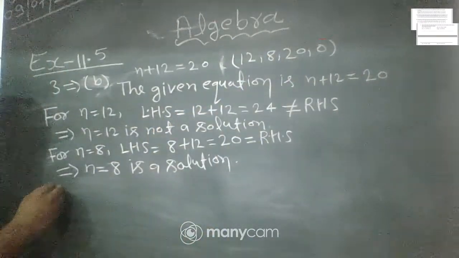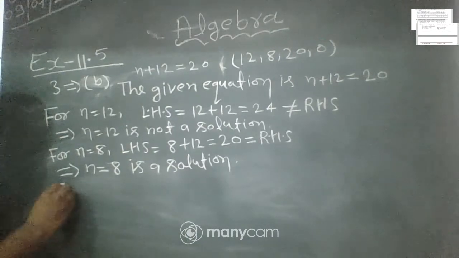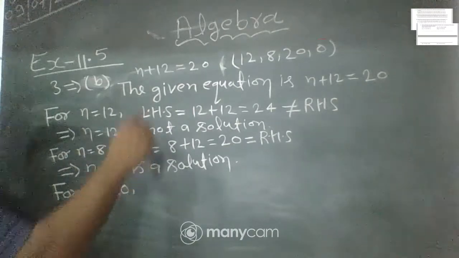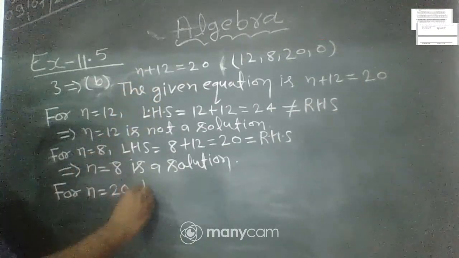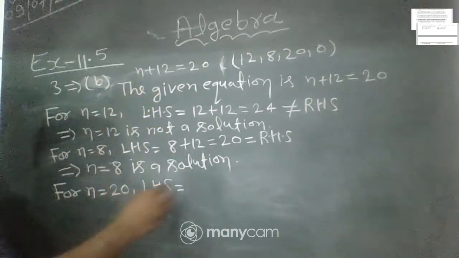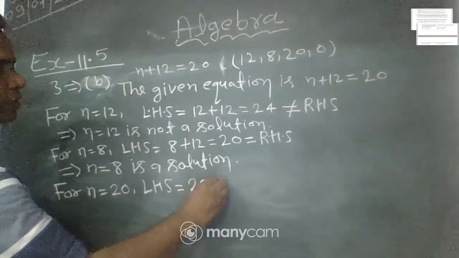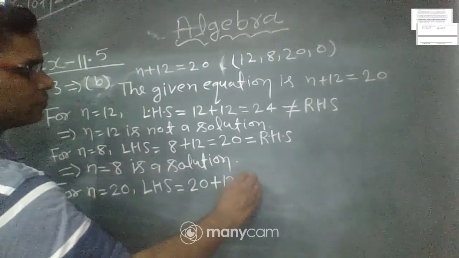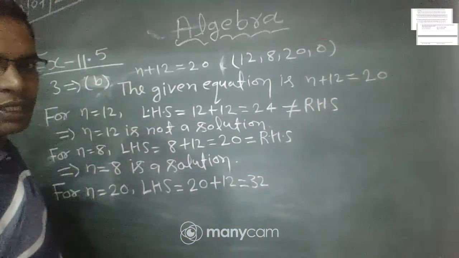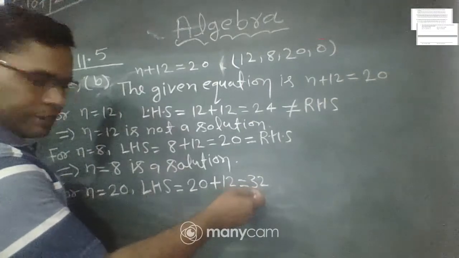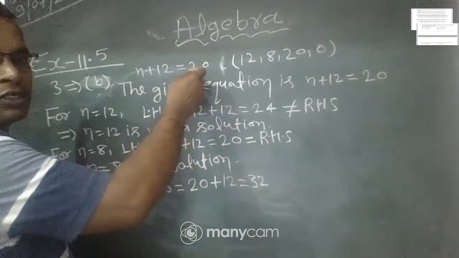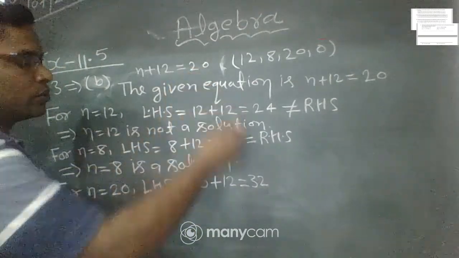Now we take the next value, n is equal to 20. For n is equal to 20, we find the left hand side. The left hand side is n plus 12, but the value of n we take is 20, so this becomes 20 plus 12, which is equal to 32. But the right hand side is 20.